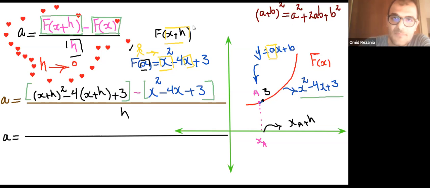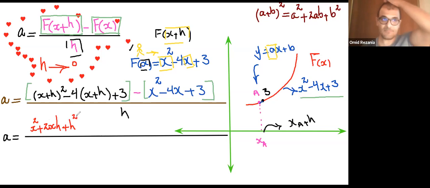What does it mean? It means that I'm going to use it for the first term, x plus h to the power 2. It becomes x squared plus 2 times x times h plus h squared. Correct? This is going to be this term, which we have there. I'm going to change the color to write the second term.